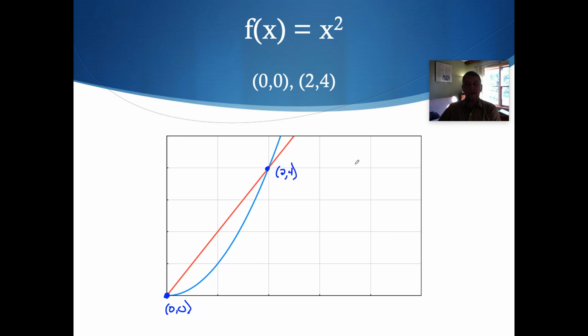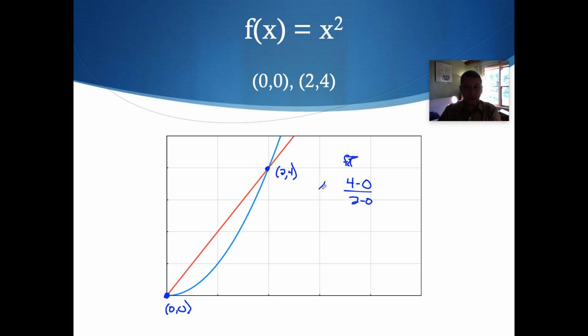Now, if I want to know the average rate of change, it's going to be 4 minus 0 as my change in y value over 2 minus 0 for my change in x value, right?